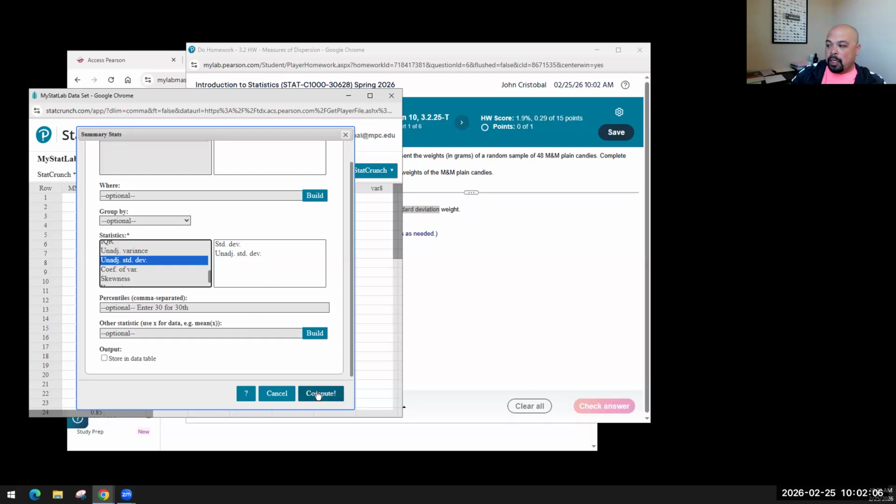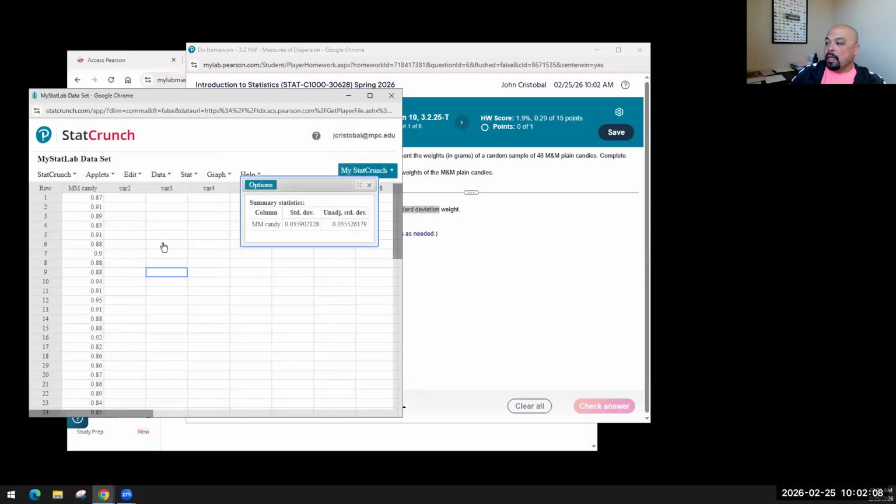But now computing down here, we're going to see our information. What data are we talking about? The M&M candies. So this is my sample standard deviation, and this is the long unrounded decimal value. When it comes to problems on the exam, on work we do by hand, I'm going to ask for that full unrounded value.